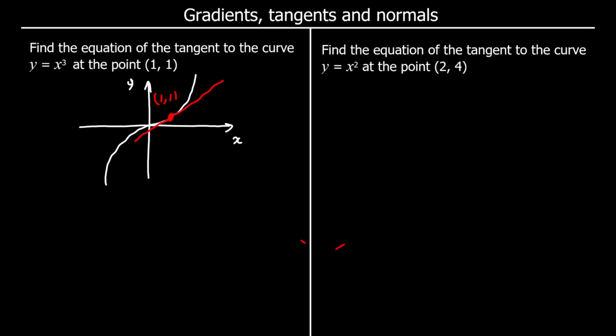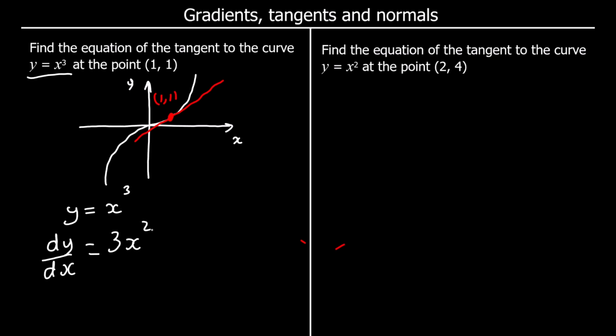So to find the equation of a tangent, we need to find its gradient. And to do that, we find the gradient of the curve using dy/dx, our gradient function. So y is equal to x cubed. So dy/dx, our gradient function, is equal to 3x squared.